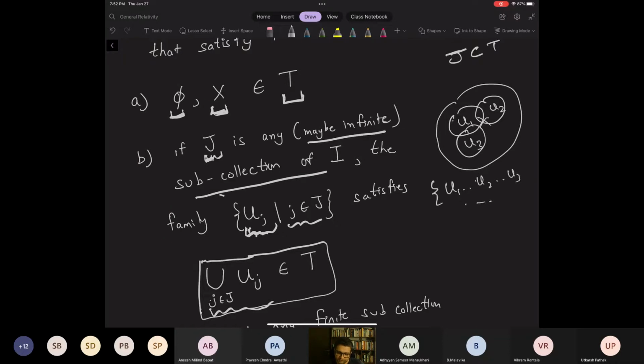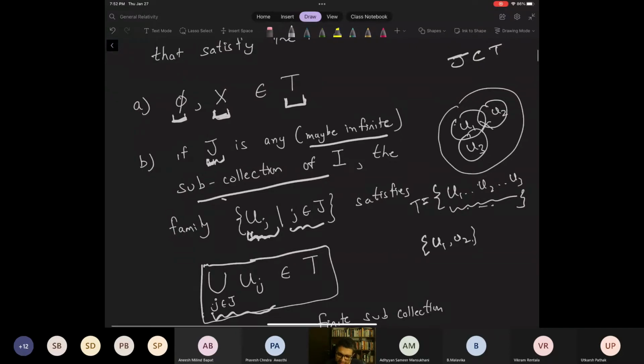I have some particular list, and that particular list is what I call T. Now the claim is if I take a subset of these, so suppose I just take U1 and U2, let me think of this as labeled by belonging, the subscript belongs to some set J. And now the claim is that even the union of U1 and U2 should belong to T. So T should also contain things like the union of U1 and U2.